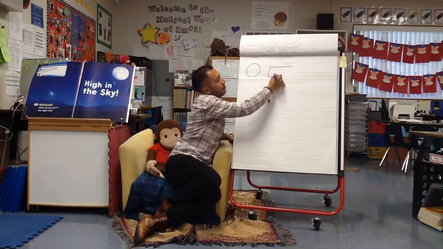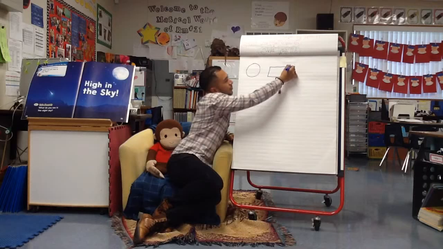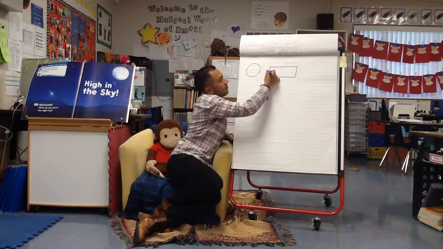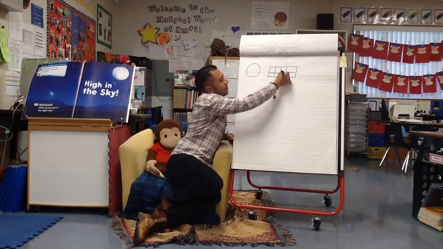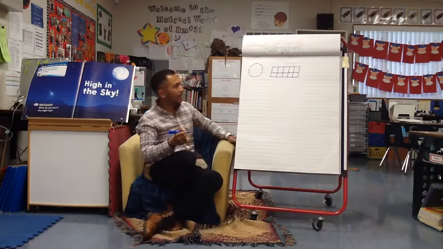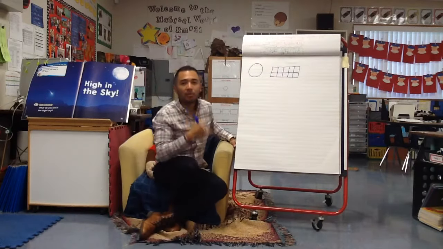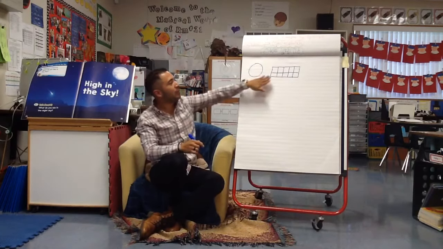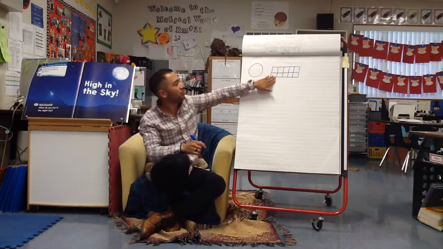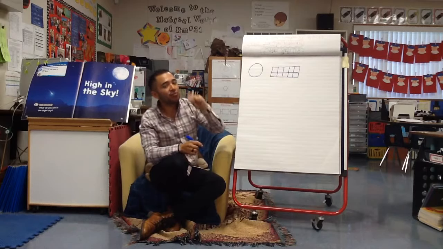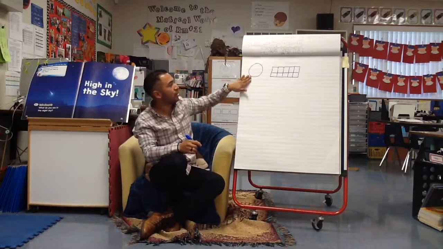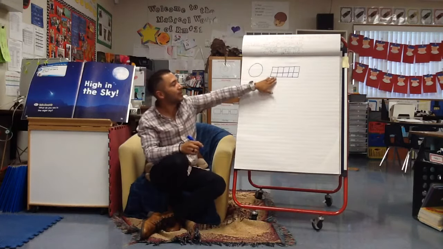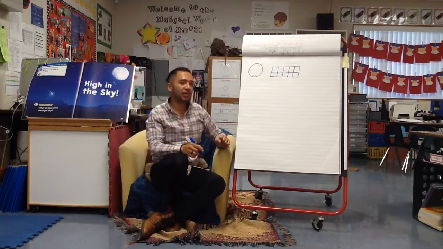Now, all of you have seen this before, boys and girls, because we have used it in the past. Okay, now I need to remember that when I'm composing numbers, I can use these strategies. I should know right away that the circle can hold 10 objects and the tens frame holds 10 objects.